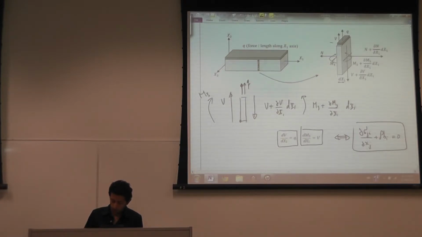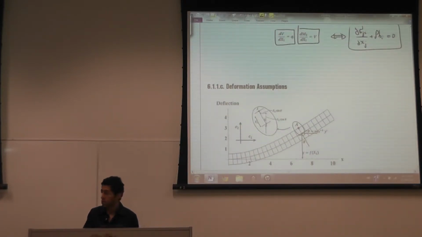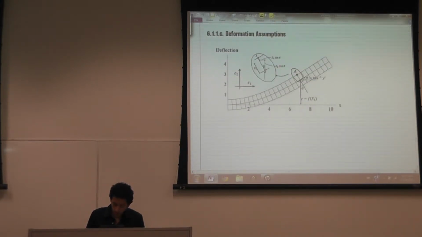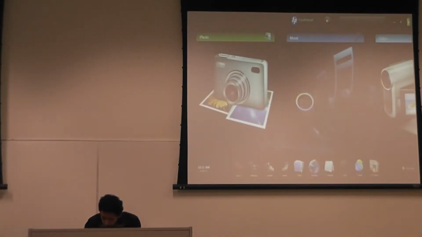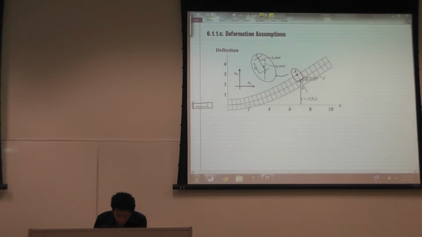So after this, I'm going to use the deformation assumption. My deformation assumption states that plane sections remain plane. Because plane sections remain plane, I'm going to see the following. This is the beam before deformation, and I'm looking at a point at a distance x2 and a vertical distance x1.